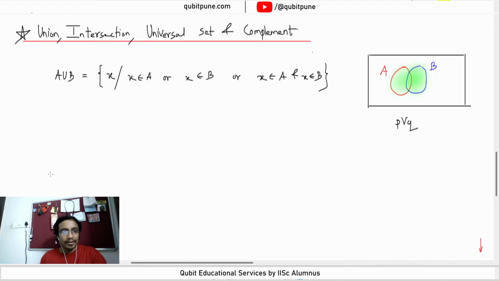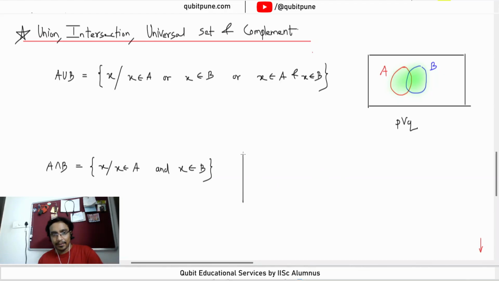Okay, intersection, how do we define it? X belongs to A and X belongs to B. So what is the Venn diagrammatic representation of this? Simple.